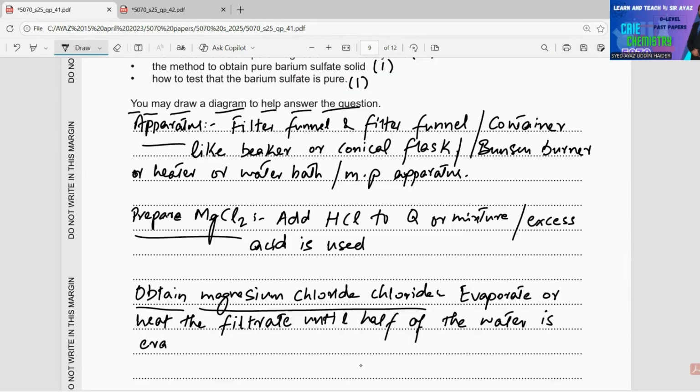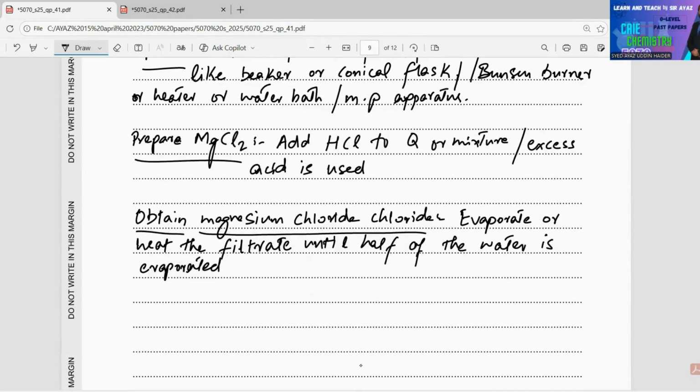You know that you can't evaporate it all. You have to leave some water for crystallization. Or you can write crystallize or leave to cool. Same meaning.